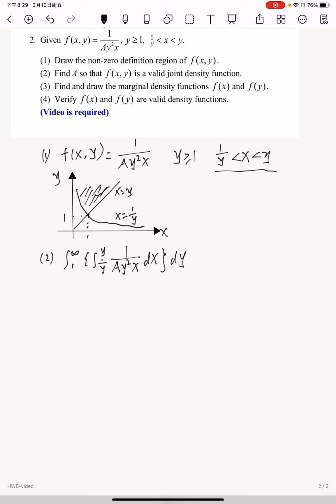Let's calculate this one. It equals the integral from 1 to infinity of a y squared, and from 1 divided by y to y, of 1 divided by x, dx dy. To the end, we can calculate it as the result like minus 2 divided by a.